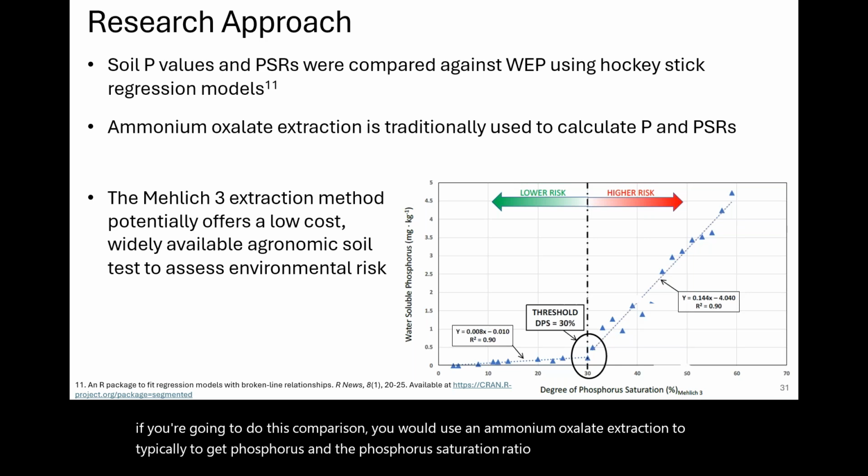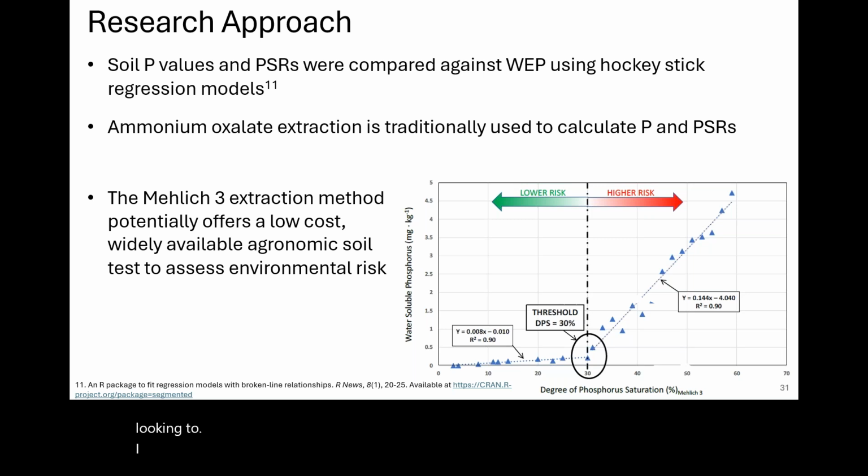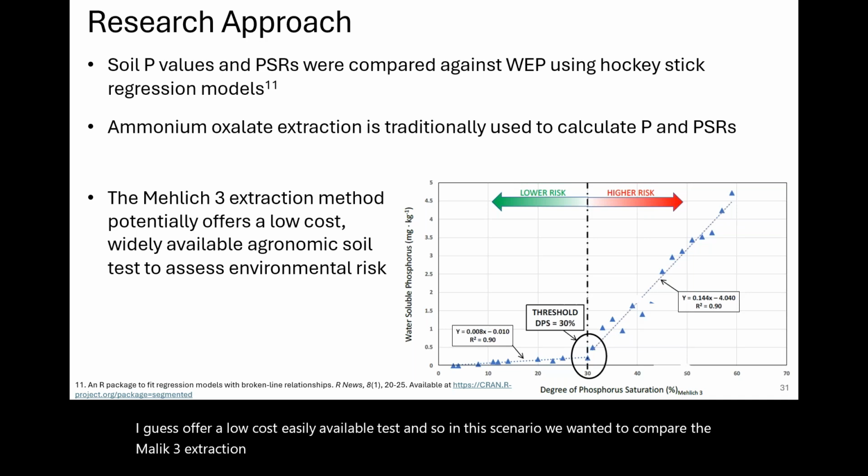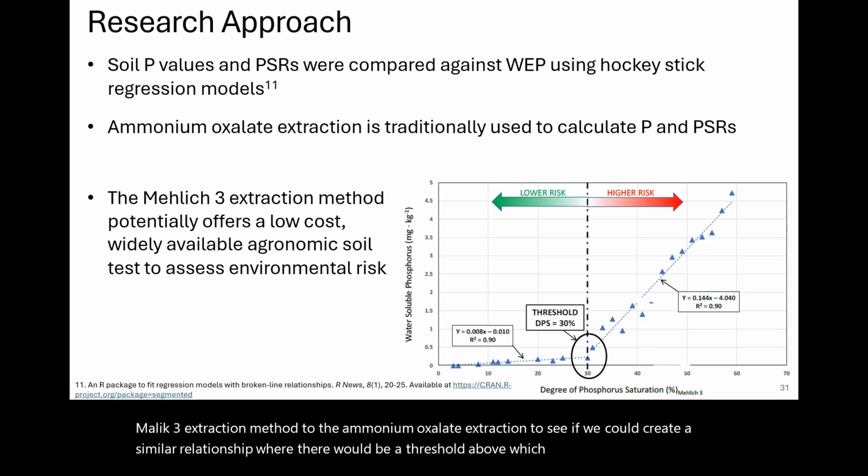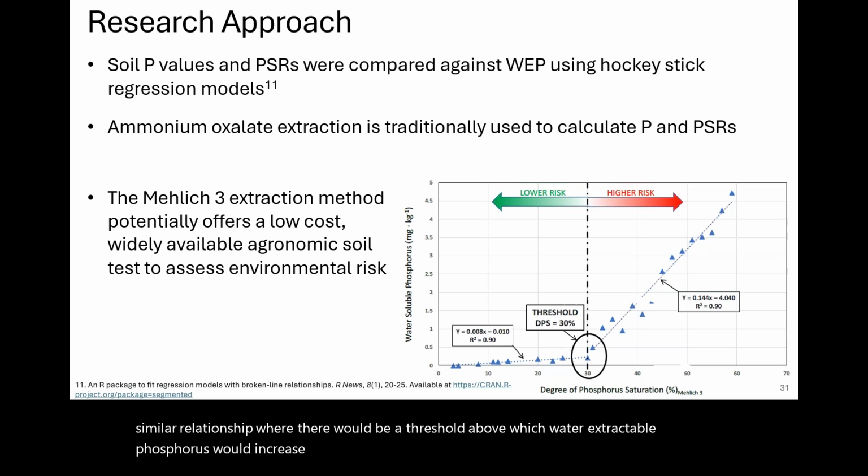But for this objective, we were looking to offer a low-cost, easily available test. And so in this scenario, we wanted to compare the Mehlich-3 extraction method to the ammonium oxalate extraction to see if we could create a similar relationship where there'd be a threshold above which water extractable phosphorus would increase at a higher rate.